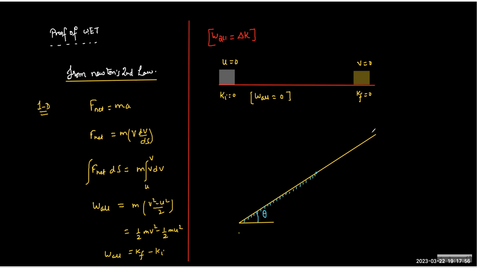So you start from rest. Let's say this length is L1, this is L2. And you eventually end at rest. So you reach the bottom and you have no velocity. One part is rough, the other part is smooth. So for what value of mu will the block be at rest?